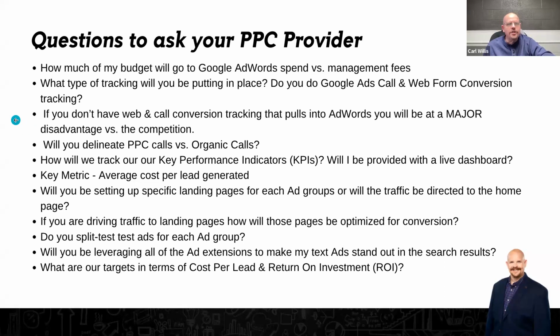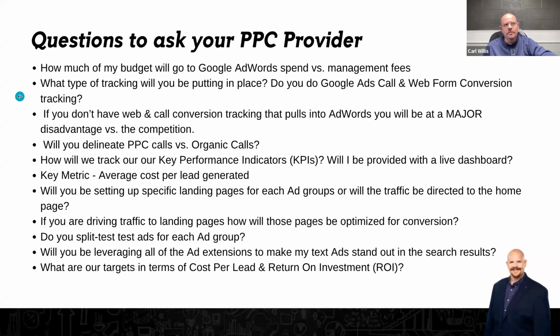The other version that you see quite often is a flat rate plus a percentage of ad spend. That can be 10%, 15%. I've seen it as high as 30% of ad spend for managing campaigns. So that's one of the things you do want to check: is a percentage of what you're spending being spent on management, or is it all going towards your ads?